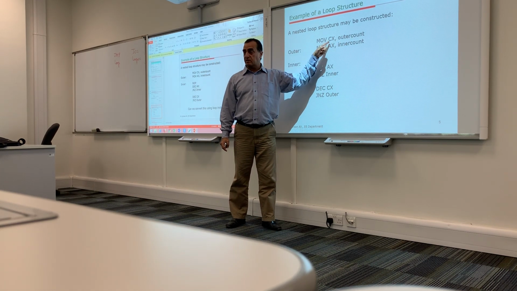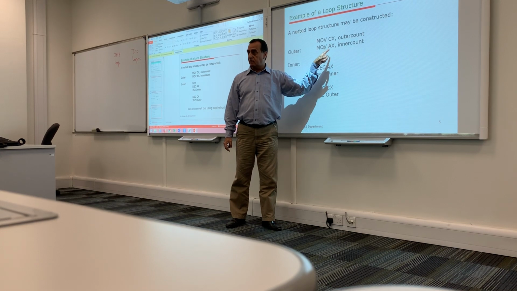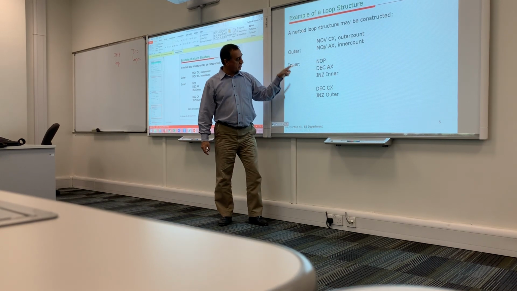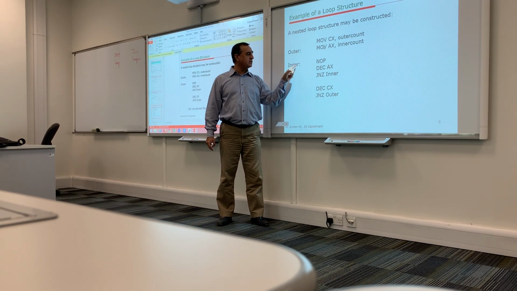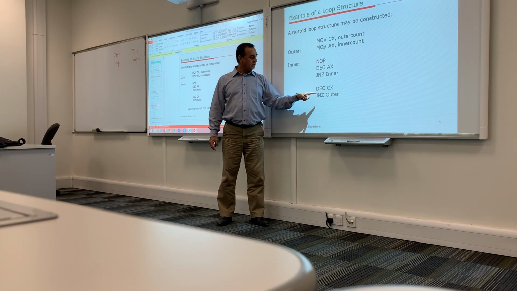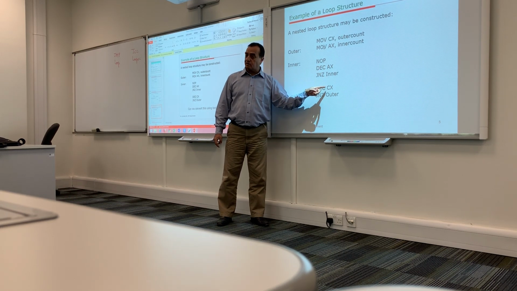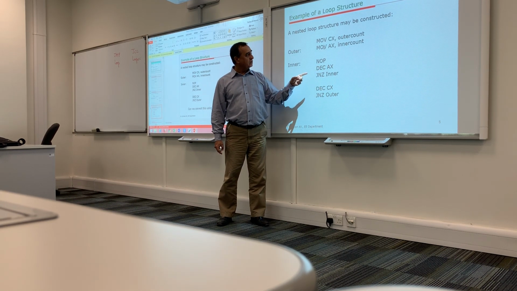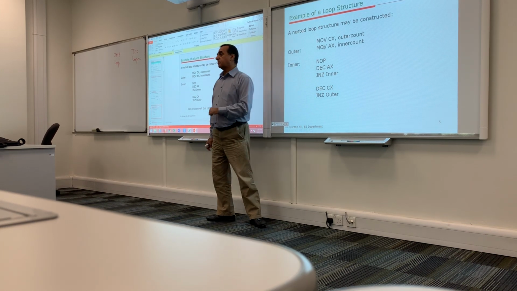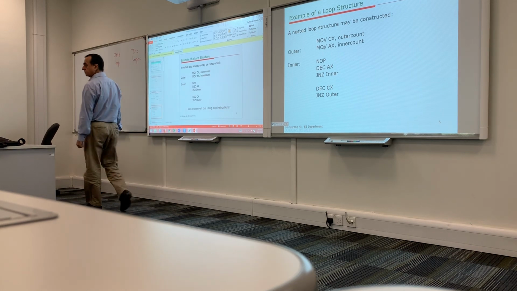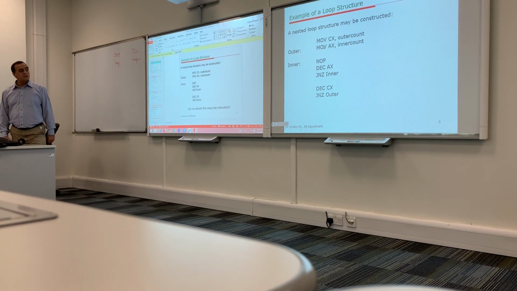Outer counter CX, another counter in AX. This is the outer, JNZ outer, right? Now inside, JNZ inner. You see here decrement AX. So for this one there is a separate counter, and for this one there is a separate counter.